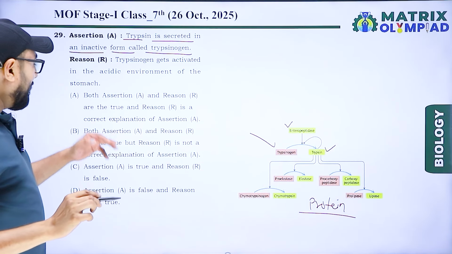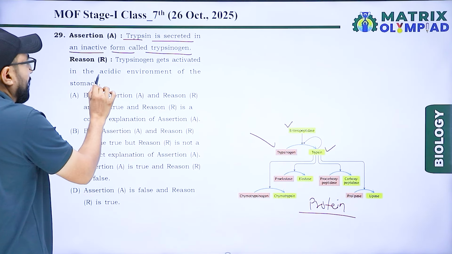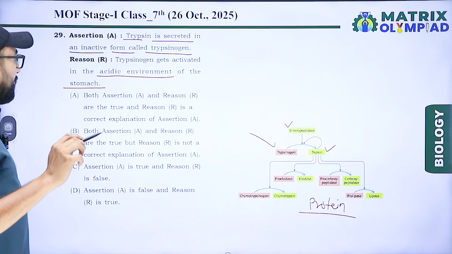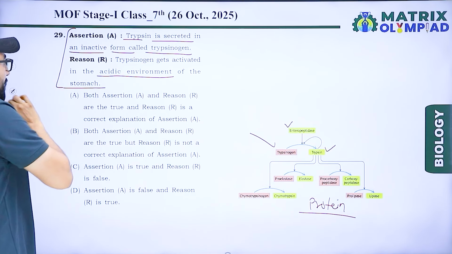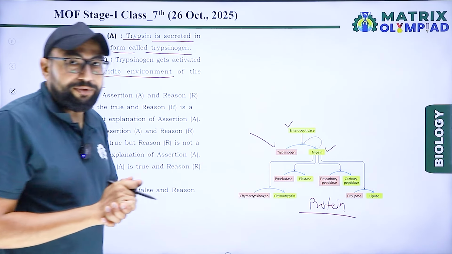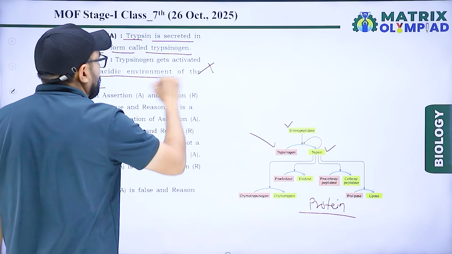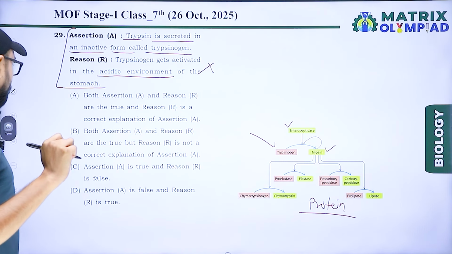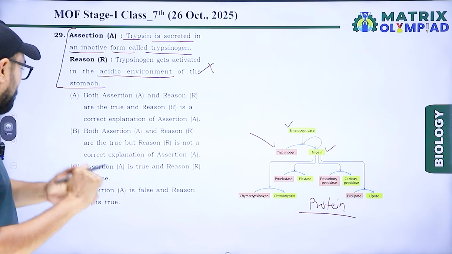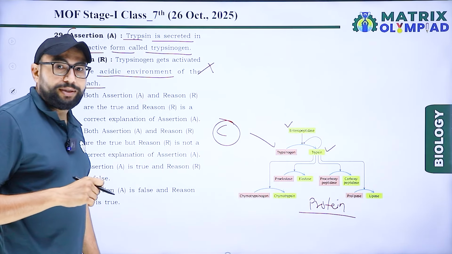Trypsinogen is an inactive form. Next, the reason says trypsinogen gets activated in the acidic environment of the stomach, but it is actually activated in the presence of enteropeptidase and converts into trypsin. So the reason is wrong. Assertion is true, reason is wrong. Option C is the right answer for this question.